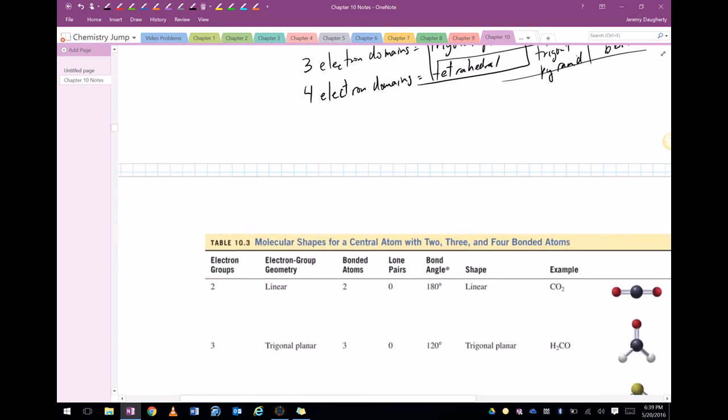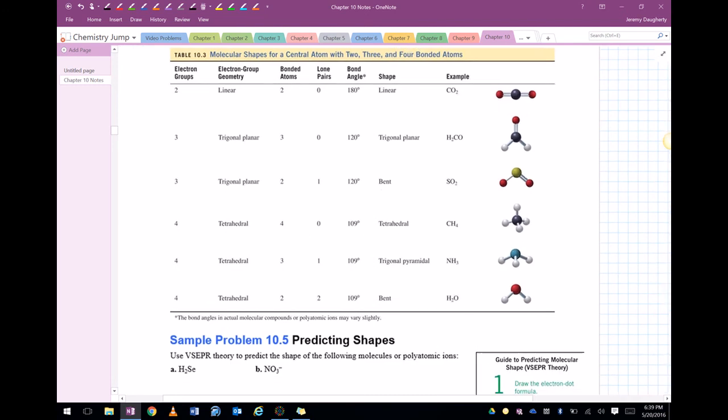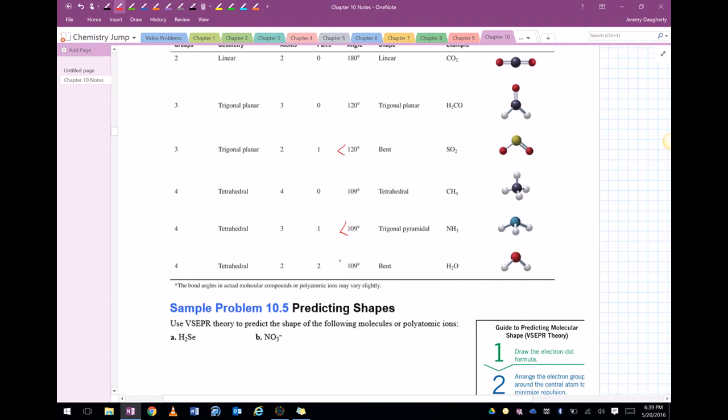So here, table 10.3 summarizes it fairly well. Same ideas, right? If we look at these bond angles, I would actually change some of these. So I would say that this one is less than 120, this one is less than 109, and this one is less than 109.